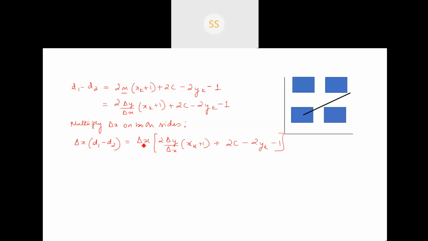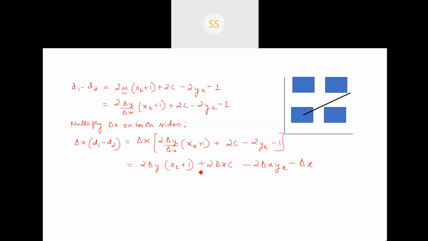Now when I multiply my delta x with each component inside my brackets, this will be 2 delta y, because this delta x and this delta x get cancelled, and I'll get xk plus 1. Then delta x is multiplied with 2c, so I'll get 2 times delta x of c. Then delta x is multiplied with this term, I'll get 2 delta x into yk minus of delta x.